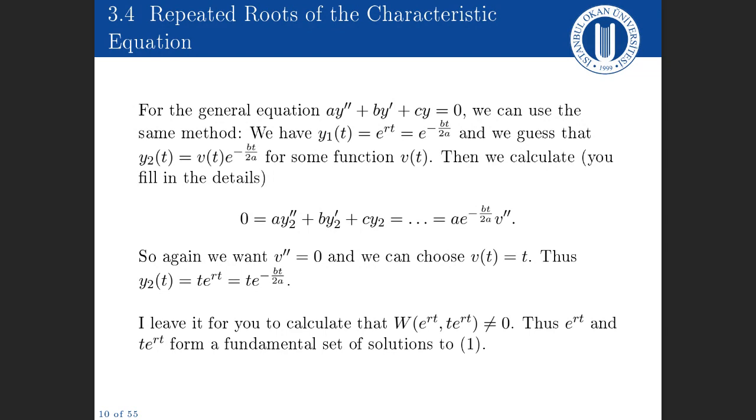After we found that the Wronskian is not equal to 0, we know that we have a fundamental set of solutions to our differential equation. So here we are. Our two solutions are going to be e to the power rt and t multiplied by e to the power rt.